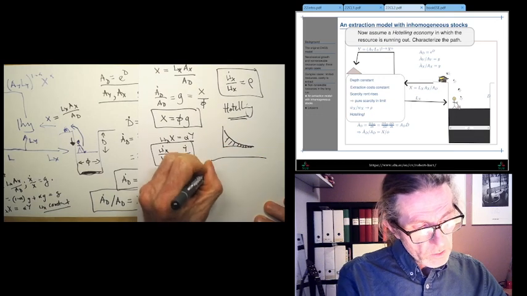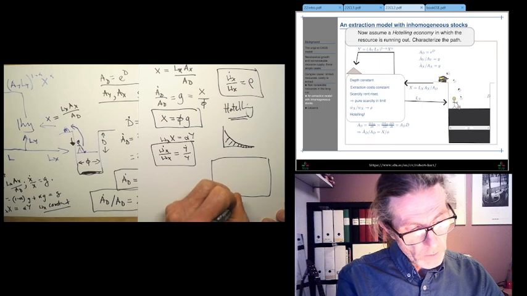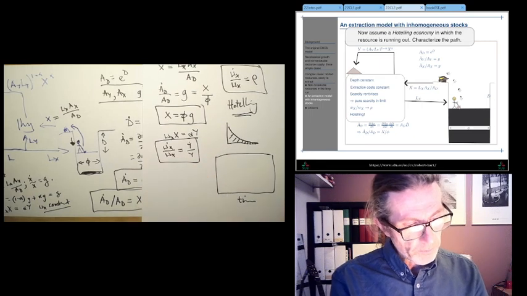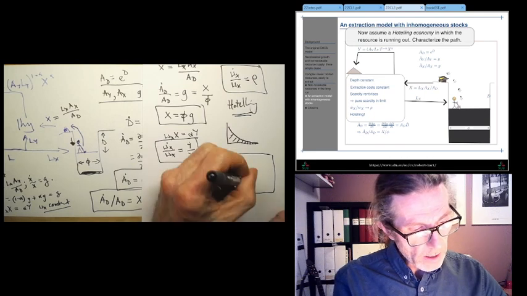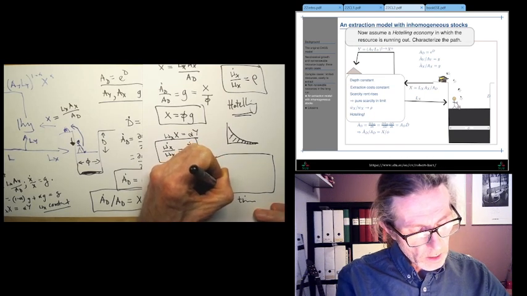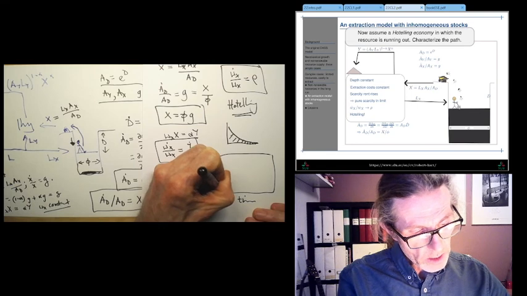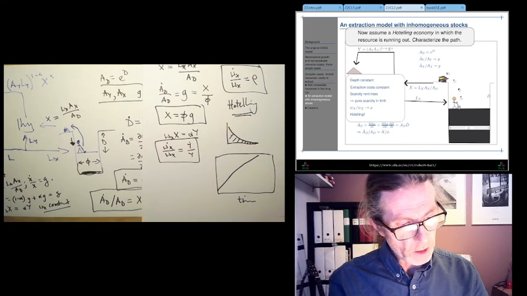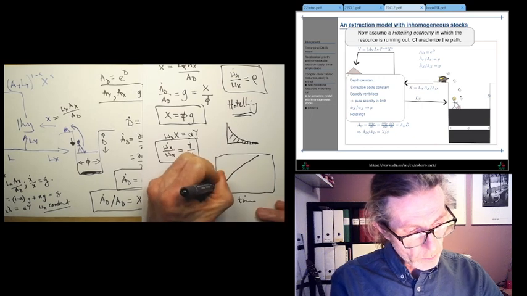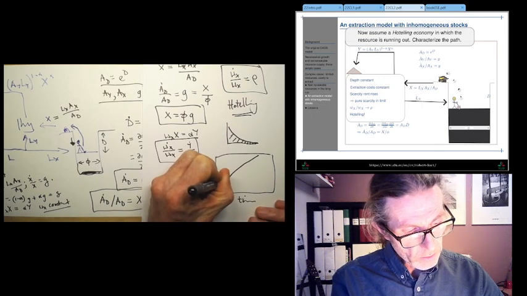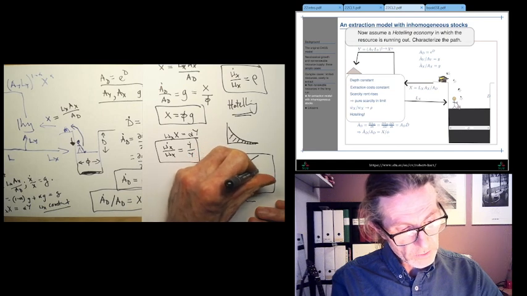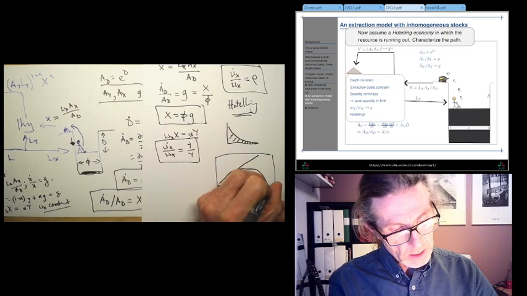Back to the log scale, if this is time, then let's see, GDP starts like this, and then it's going to tilt down somewhat. Resource extraction rate starts tracking GDP, passes through a level phase, and then has to head down.